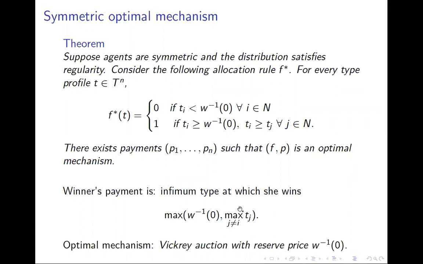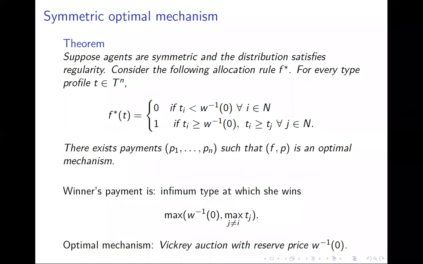For instance, if only one agent has value greater than W inverse 0, then if you didn't have the reserve price, this agent will pay an amount equal to the second highest value, which may be lower than the reserve price. But if you put a reserve price, then the revenue at those profiles will increase. That is the intuitive idea why a reserve price comes out naturally, endogenously, in this optimal mechanism.